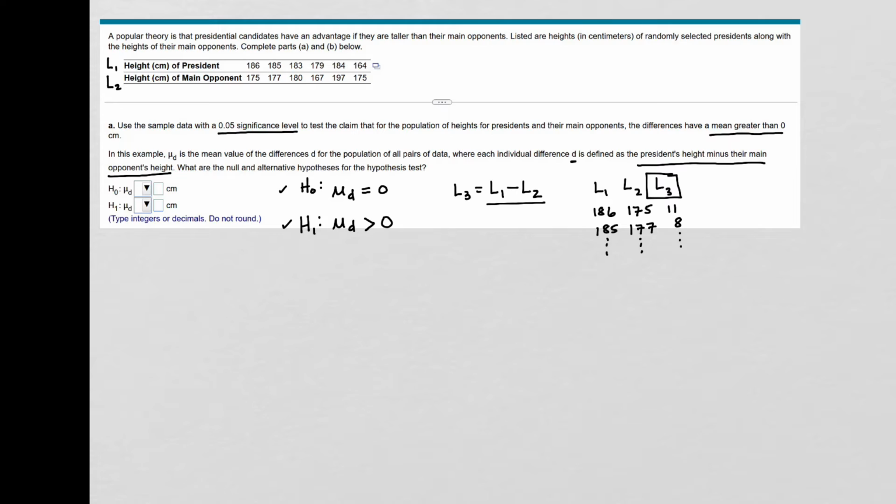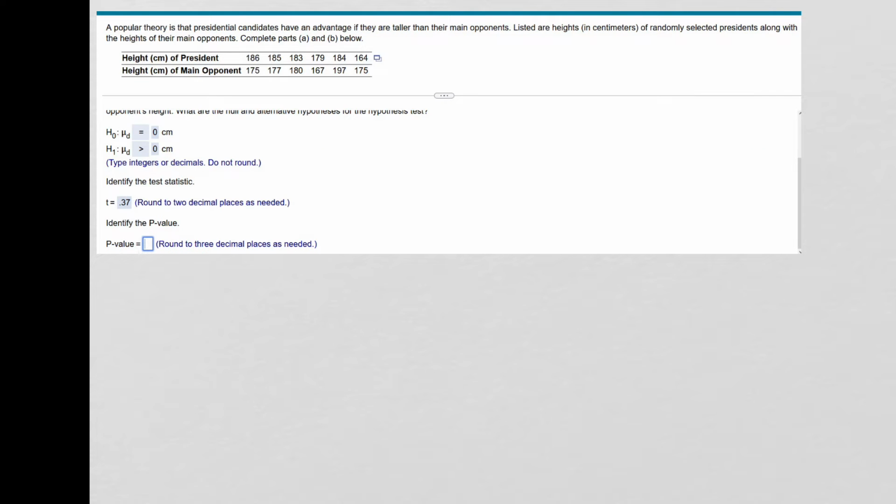So let's go to the next part of the question where it asks for the test statistic and the p-value. So now we want to find our test statistic and p-value. To do that, I'm going to do a t-test. And we're going to use data because in these matched pair problems, we always have to choose data.